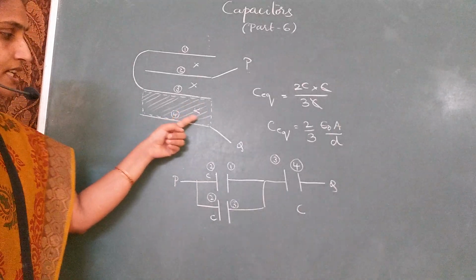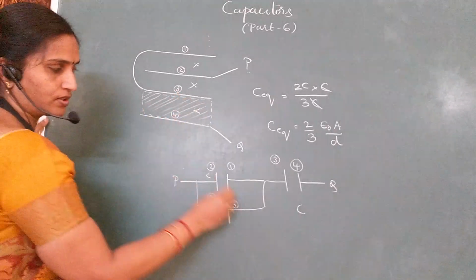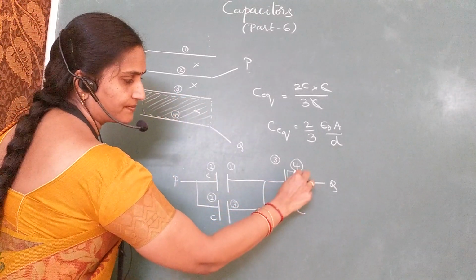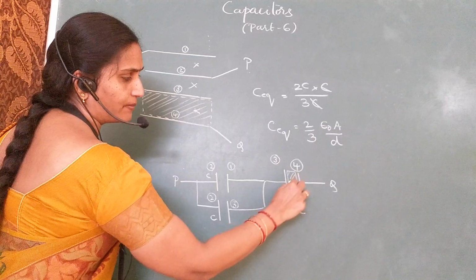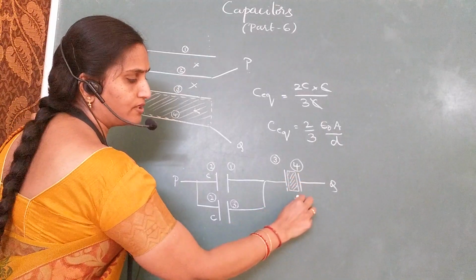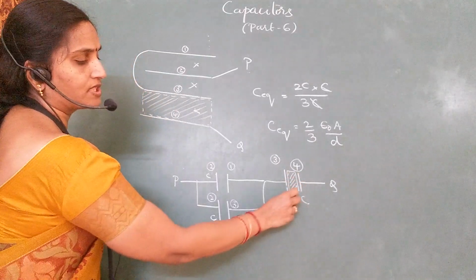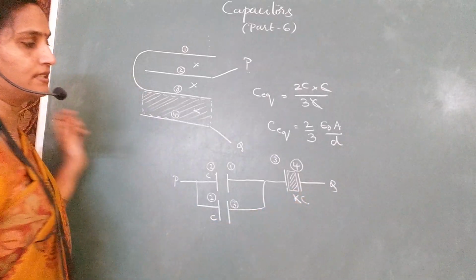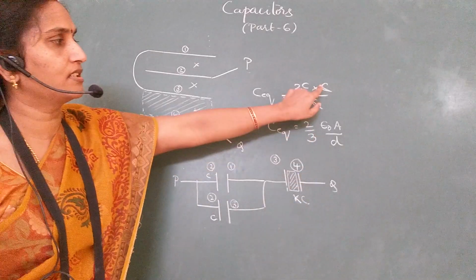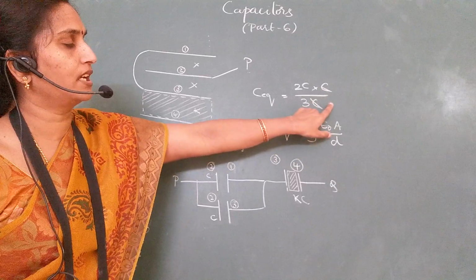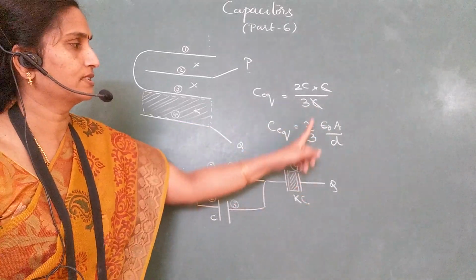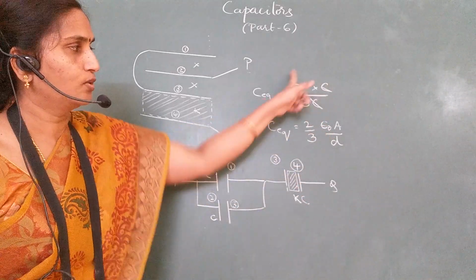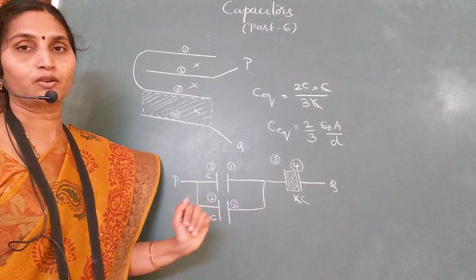So this capacitor will have a capacitance of K into C. Instead of C, you will make it as KC. So if this becomes KC, here you will get KC, 3 plus K mean 2C plus KC.